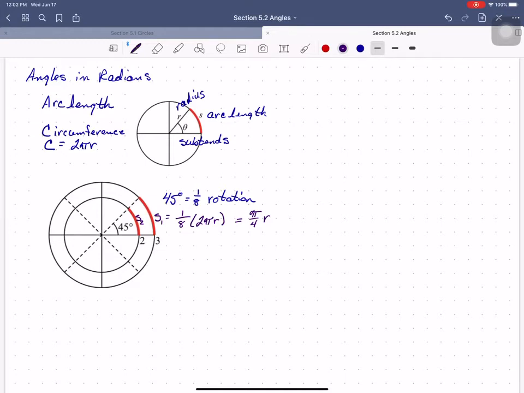And really, we've gotten to where we're beginning to talk about radians. So here's the bottom line for radians.